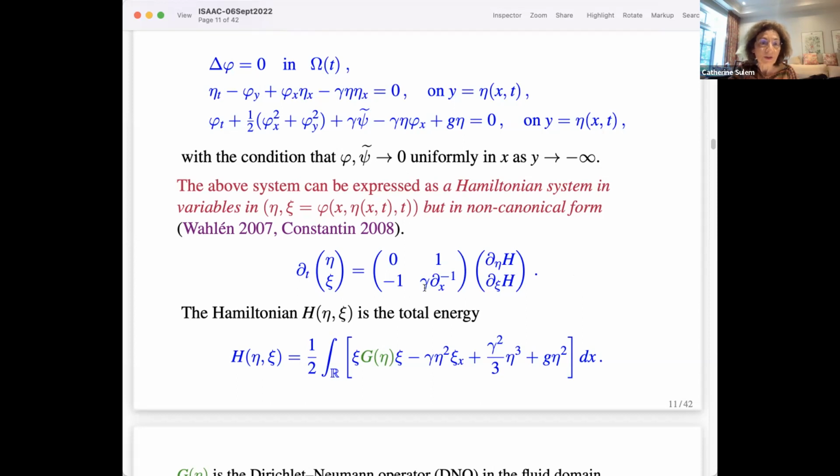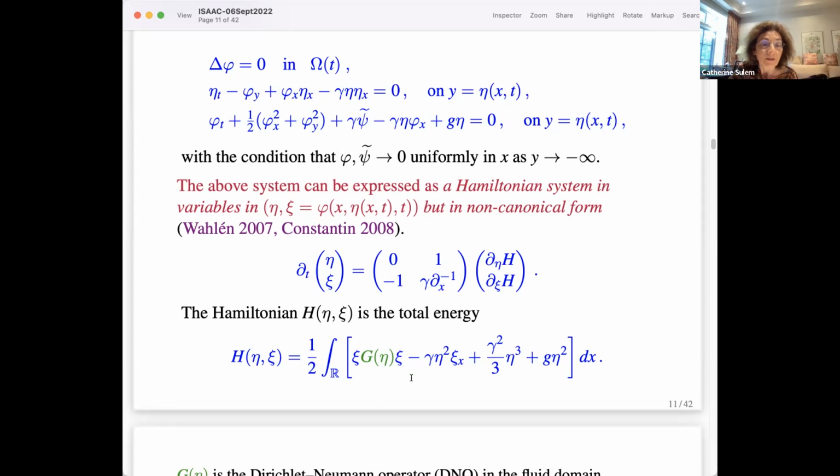I remind you that gamma is the strength of the vorticity, and d to the minus 1 will be defined as a primitive of the function. I will write it in a minute. The Hamiltonian is composed of several terms. The first and the last are the ones that always appear when the vorticity is 0, and the two middle terms are the additional terms due to the presence of the vorticity.